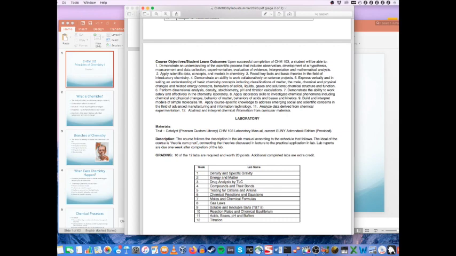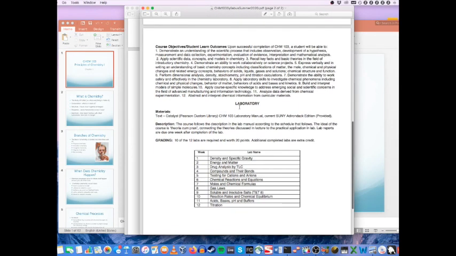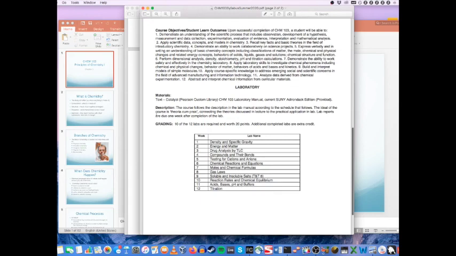In the laboratory, we will follow roughly the schedule shown below. I mentioned before the 10 of 12 labs being graded and the rest being extra credit. The lab manual has all of these experiments in it. However, they're not necessarily labs 1, 2, 3, and 4.